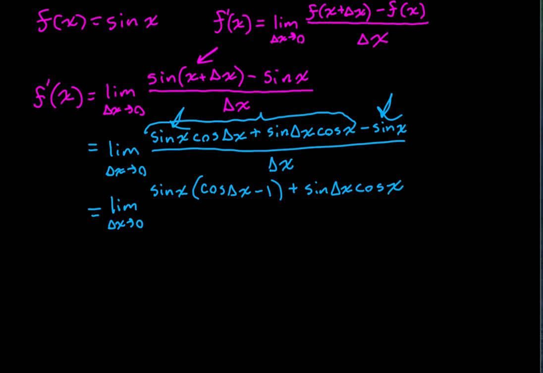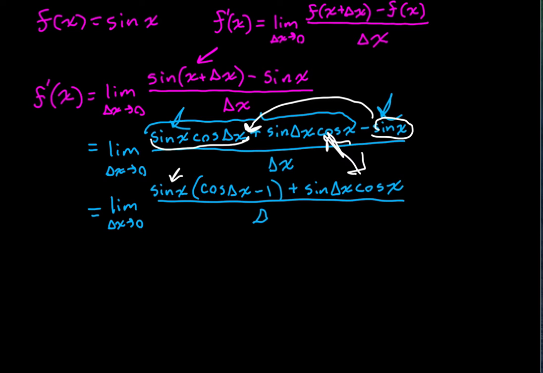All that I did to make that happen is I moved this over here, which you're perfectly allowed to do, and then I reverse distributed sine of x. So you'll notice if I distribute this out, I get sine of x cosine delta x right here, minus sine of x over here, and then I still have this expression here. So let's keep going if you're comfortable with that. And this is divided by delta x, of course.